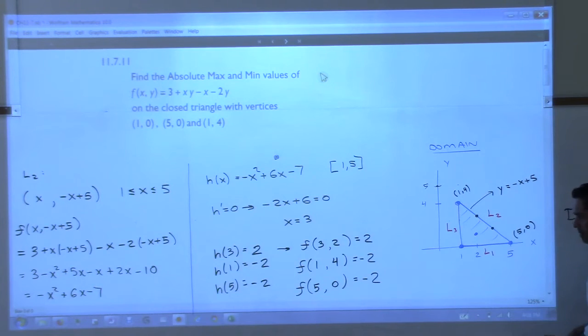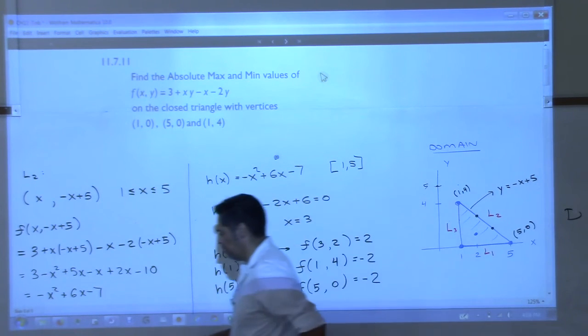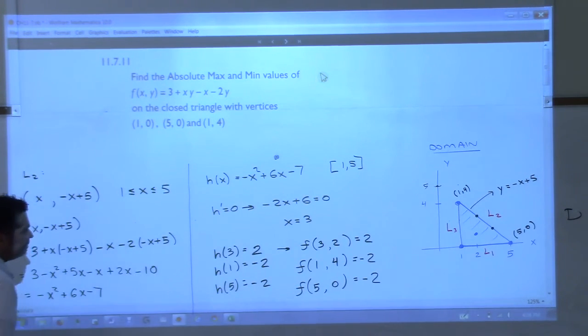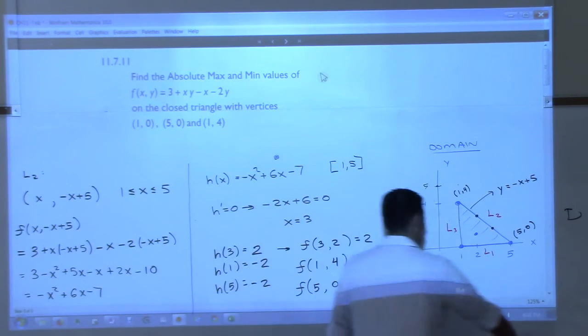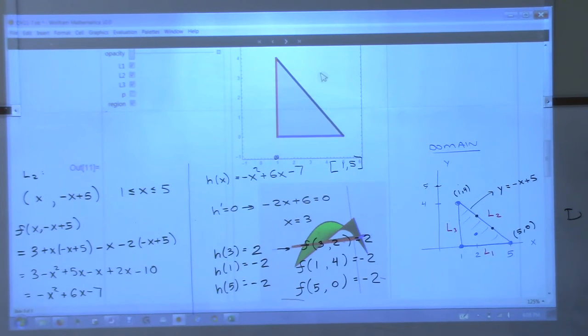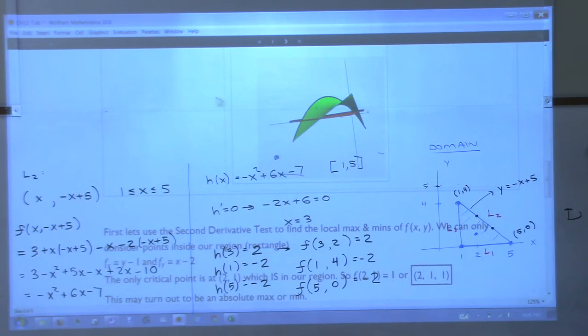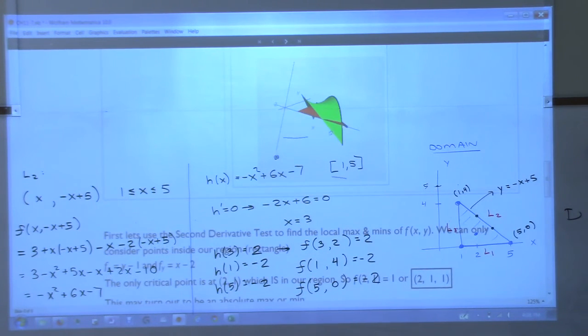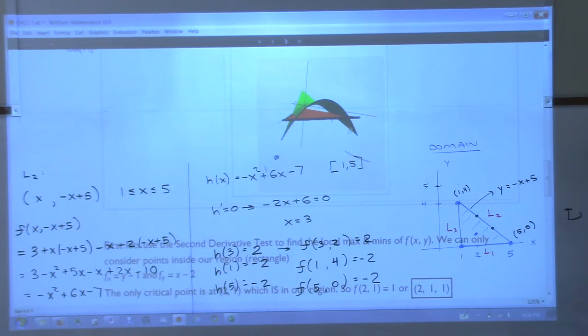So look, if I'm trying to illustrate what we did here visually, we went into L2, and we were looking along the back side of this, really, and we wound up getting a parabola. You can see the parabola right there. And we found the points of interest to us were, in the domain, at 3, 2, 1, 4, and 5, 0.